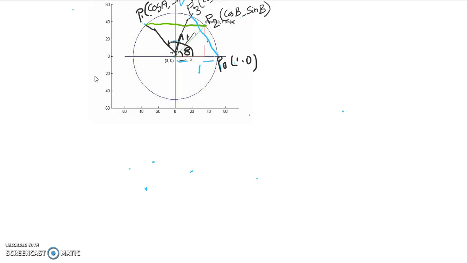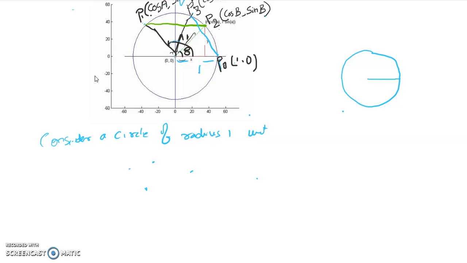In order to prove this theorem, I will consider a circle of unit radius, a circle of radius 1 unit. So here this is the radius. I will consider a coordinate system.